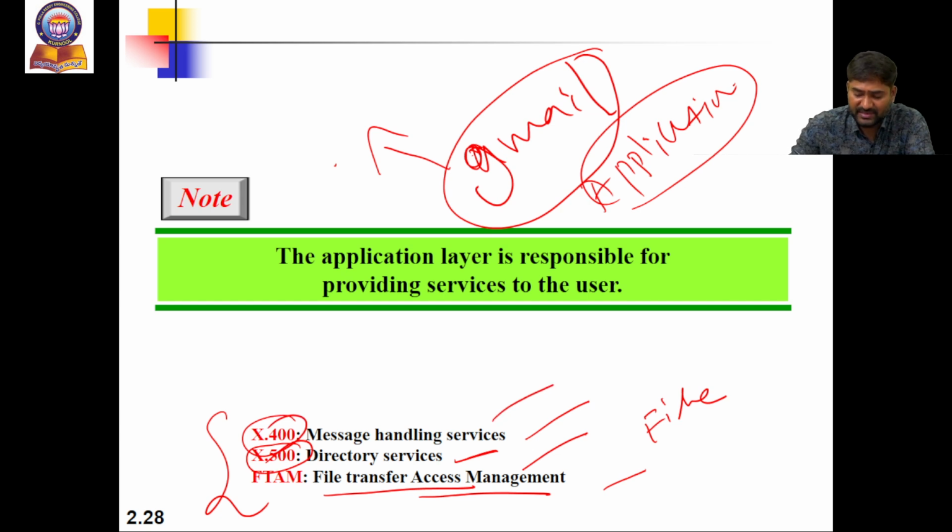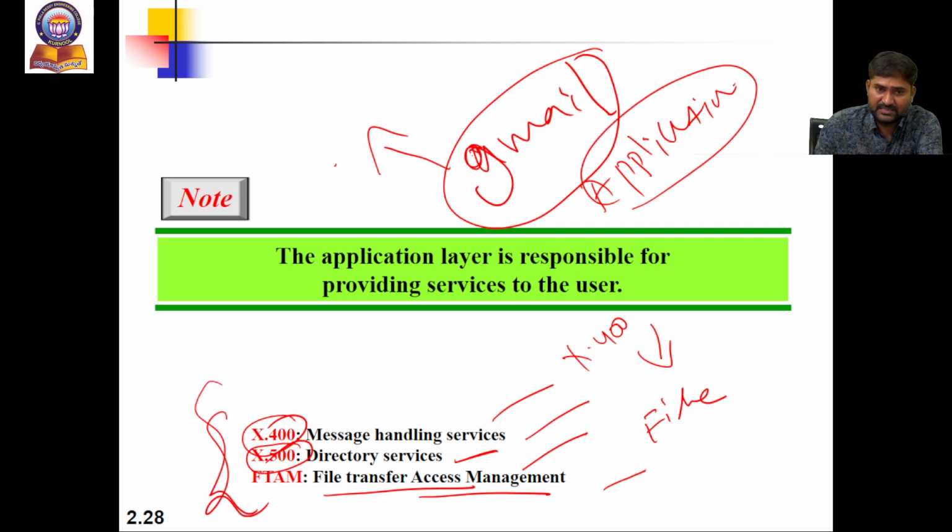If I want to send a message, X.400 is invoked at the backend and helps to send that message, and likewise to access a message from another person. These are mechanisms which make it very easy for the user to access applications, send messages, receive messages, and create directories.